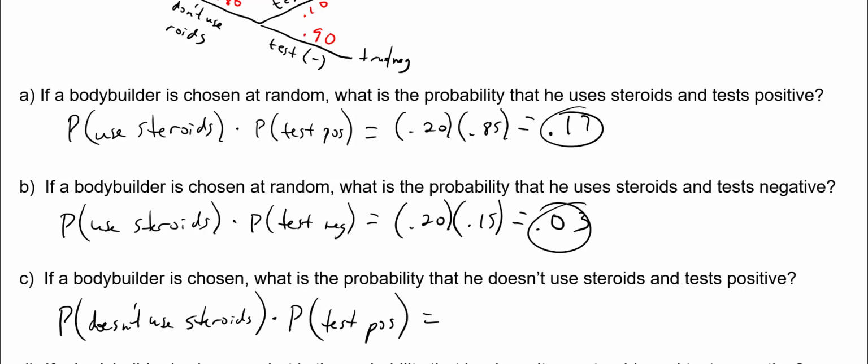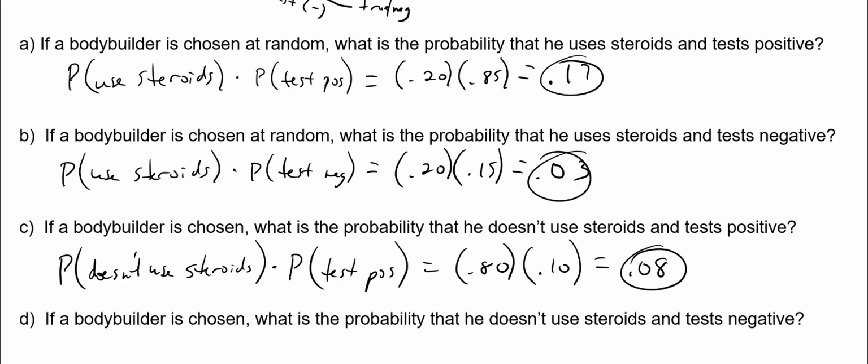Doesn't use steroids is going to be 0.80. That's the most common one. Doesn't use steroids, and he tests positive, so that's going to be 0.10. Now that should be a pretty low number too, because if you don't use steroids, you shouldn't be testing positive. You should be testing negative. And if you multiply that out, that's 0.08.